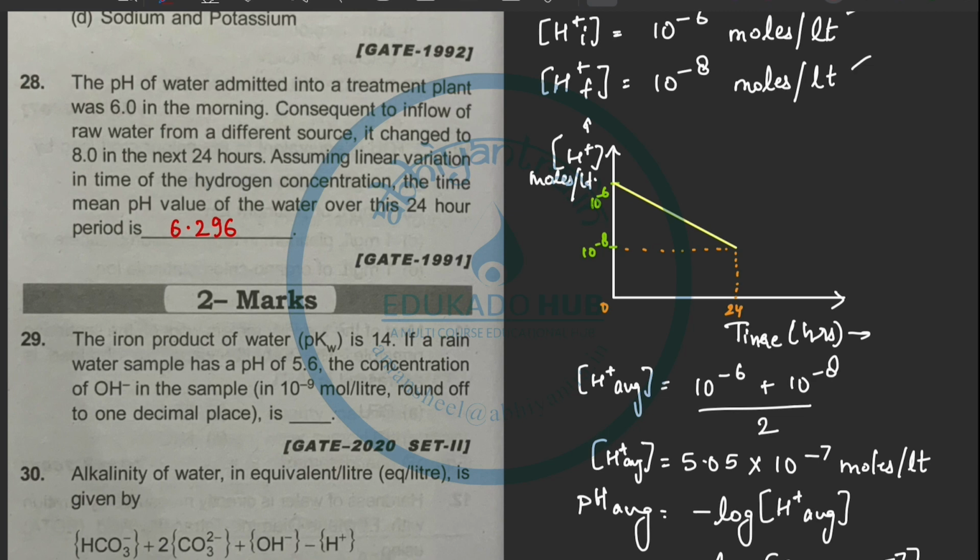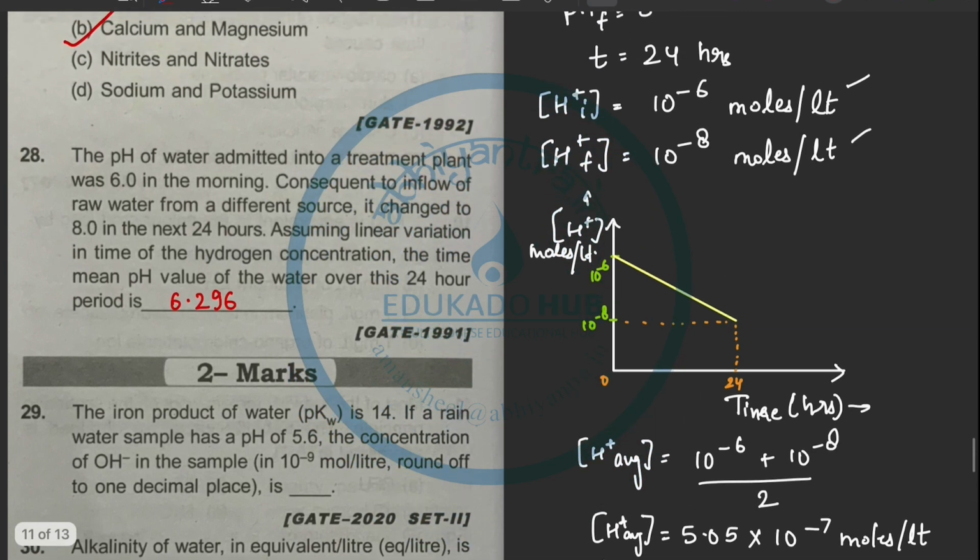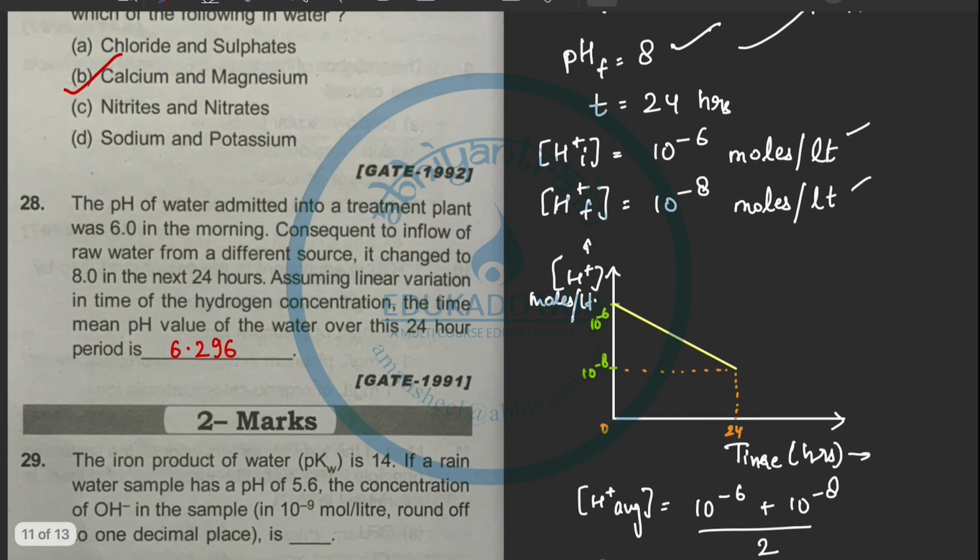So these are all the 1 mark questions which came in GATE on the quality parameters of water in previous years, not about any specific year.